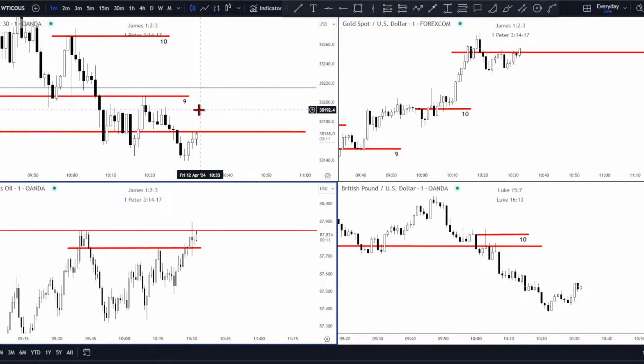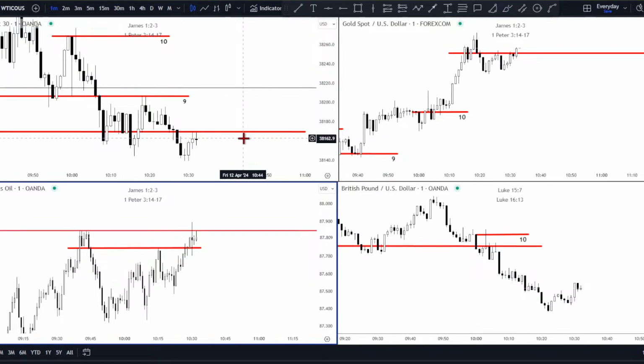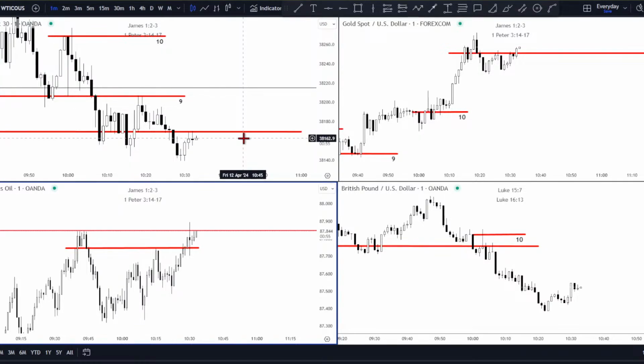Ooh. Deep breaths. Okay, silver making another little run back up to the high.